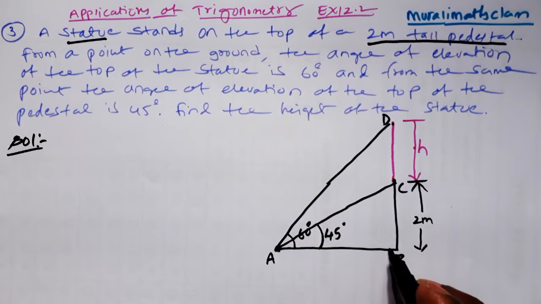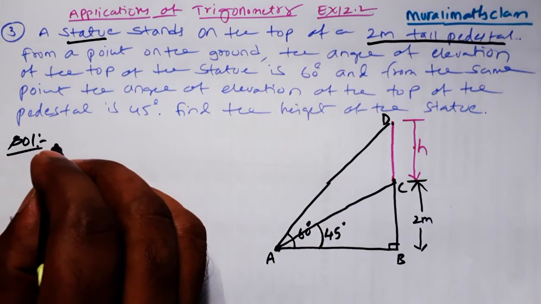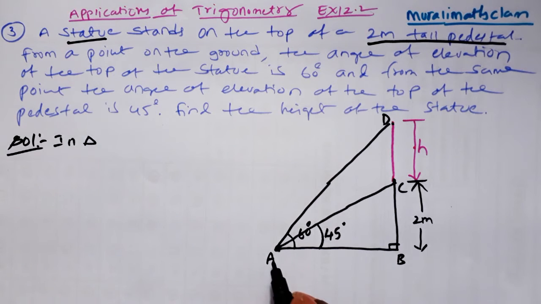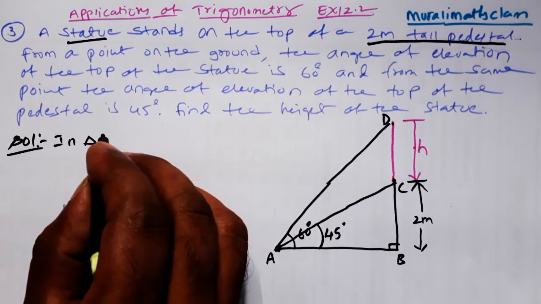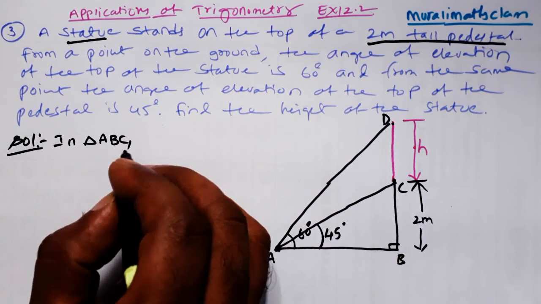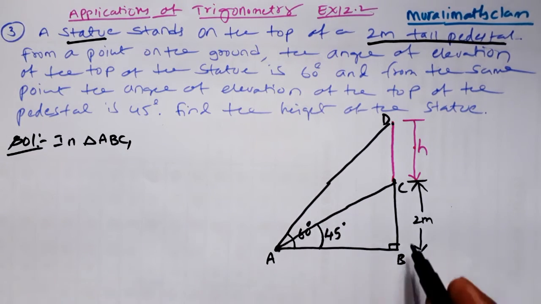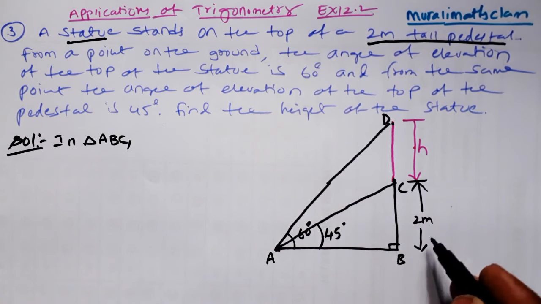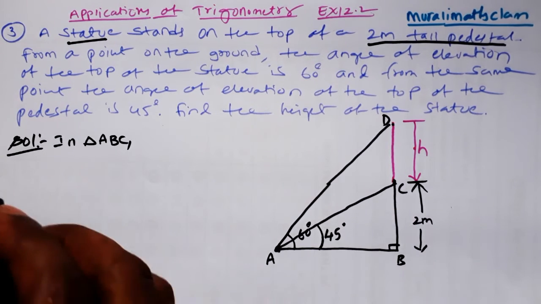Here you need to mark 90 degrees. In triangle ABC, the adjacent side is AB, and the opposite side BC is nothing but 2 meters.